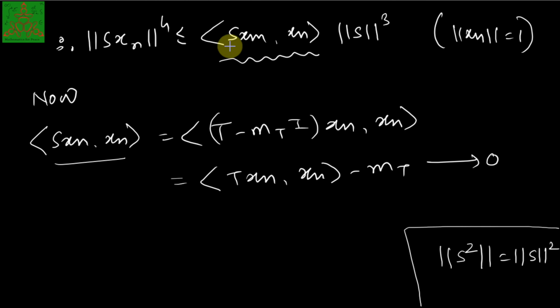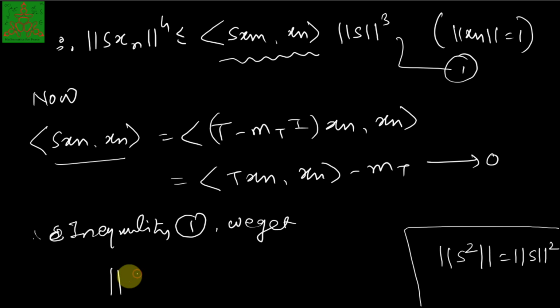That means from inequality 1, the norm of Sxn to the power 4 tends to 0. So therefore Sxn tends to 0. That is, (T − mI)xn tends to 0.